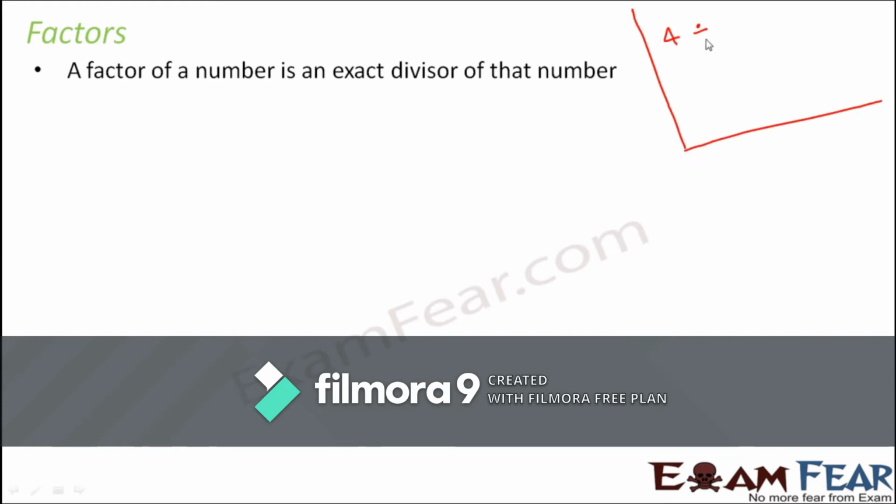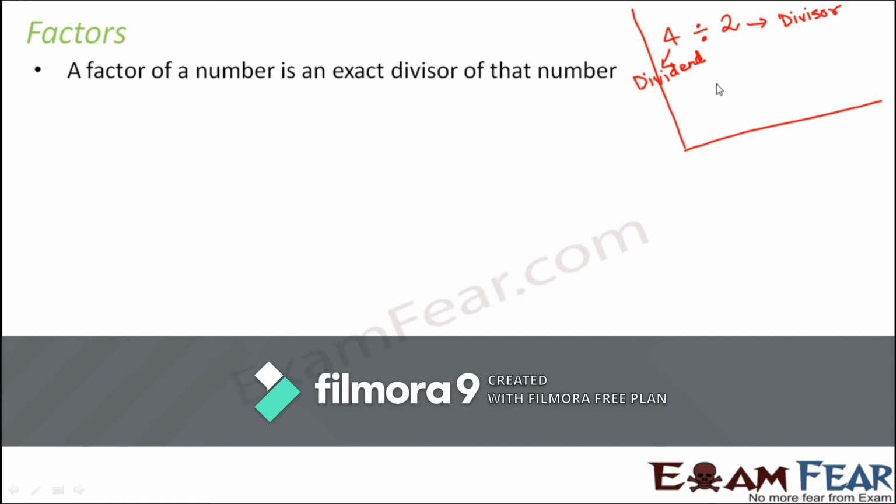Let's say that I have written 4 divided by 2. That means 4 is the number which is being divided by 2. So in this case, 2 is the divisor and 4 is the dividend. Whichever number is being divided, that is the dividend, and by which number it is divided, that is the divisor.